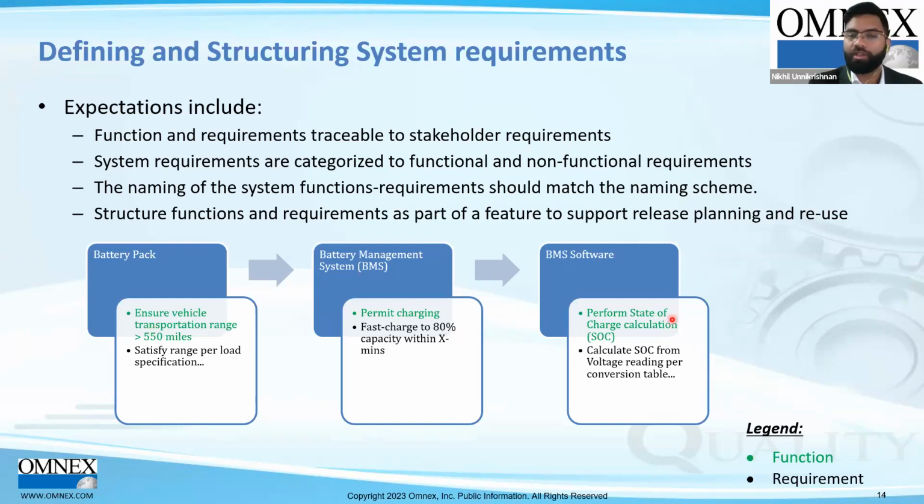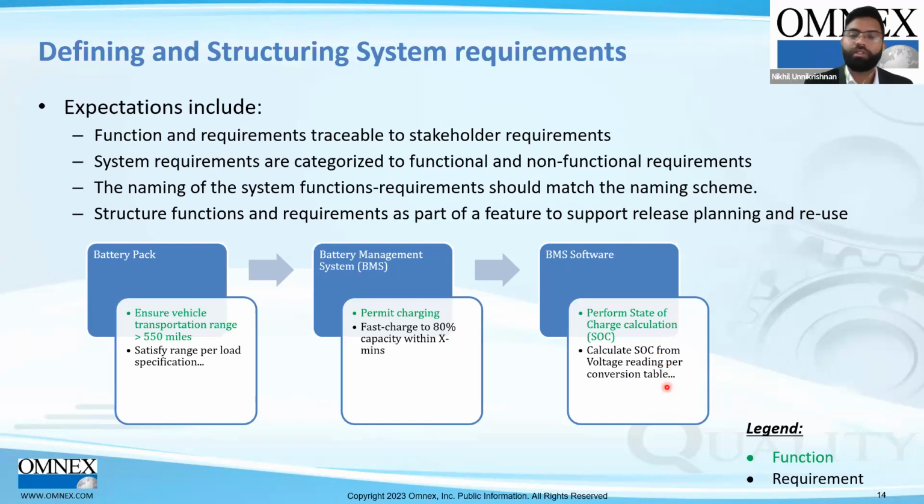And then when you go to the next level down from the subsystem, you're going to the software, where there's some state of charge calculation, SOC values being looked at. So, calculate SOC from a particular voltage reading per a conversion table.